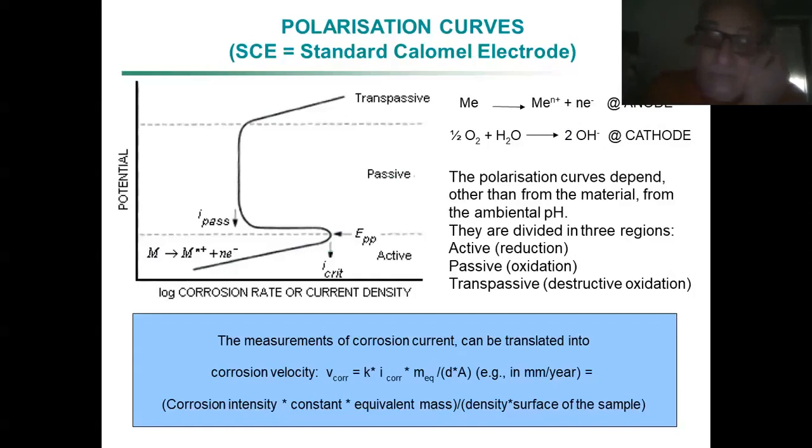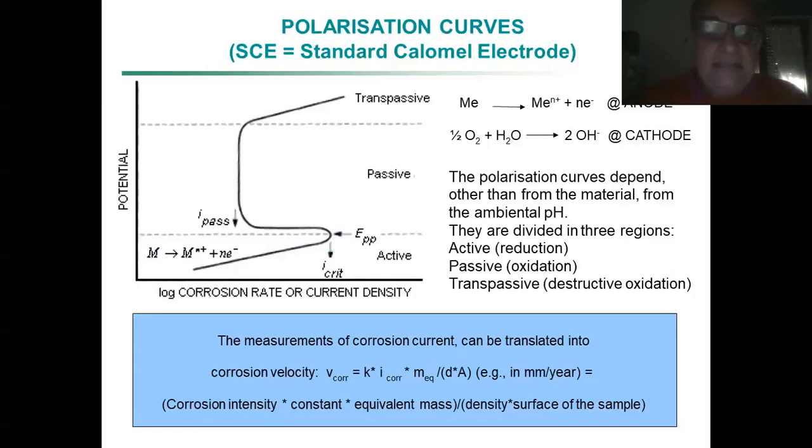There is no corrosion up to a point where you get a critical current density, a critical current density, I crit, for a definite potential, which you know better, of course, because you have a potentiostat, and so you are measuring on the potentiostat, and therefore what you see is the potential from which you see the current density.